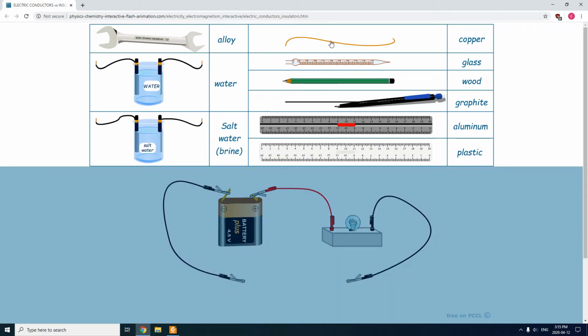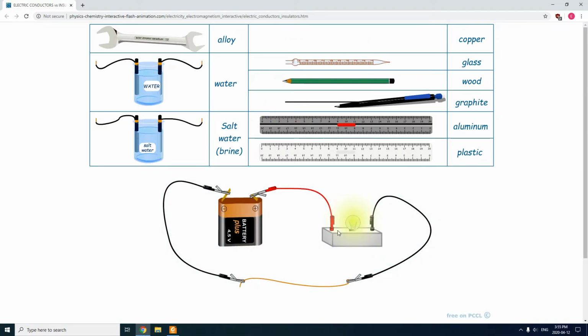All right, next one, copper. You can kind of take a guess here before I put it in. Electrons flow, copper is a conductor, and in fact, these wires here are actually made of copper already. What they did is they put a little plastic sleeve on them just to protect them so they don't get damaged or rust away.